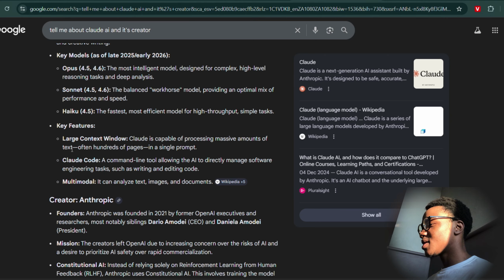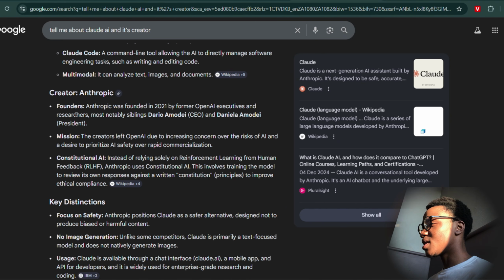Oh, okay, it's not gonna tell us the creator. Founder: it was founded in 2021 by former OpenAI executives and researchers, most notably Dario Amodei, the CEO, and Daniela Amodei, president. I think it's maybe a husband and a wife, or siblings, or whatever.